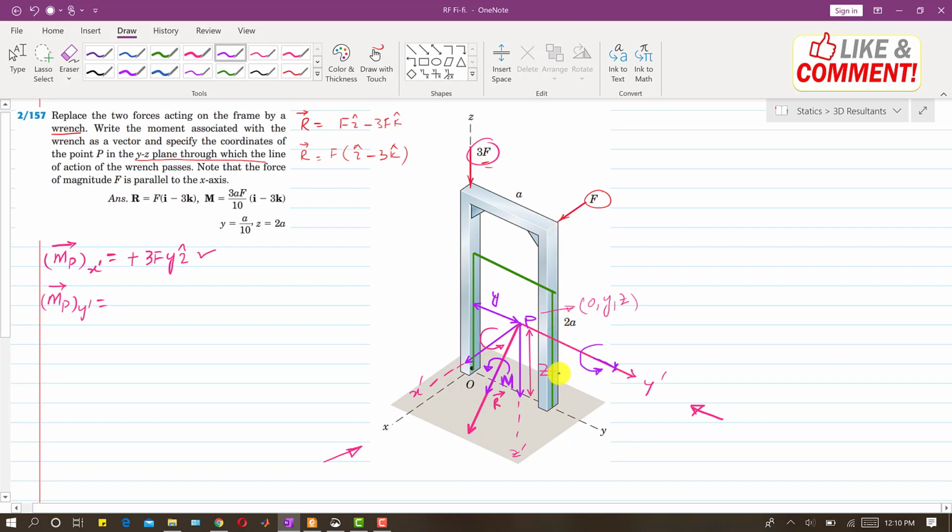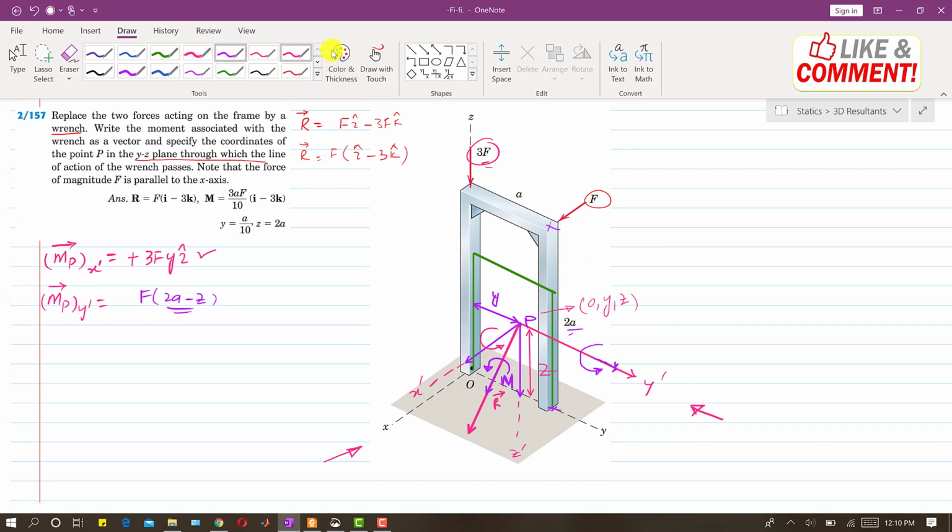So the height of this frame is 2A. From this point to this point, the line of action of this force, the total distance is 2A, and this point P is at a height of Z, right? So the distance between this F and this Y dash axis is how much? It is 2A minus Z, right? So I will write the magnitude will be F into 2A minus Z. So this is the perpendicular distance between this F and this Y dash, right?